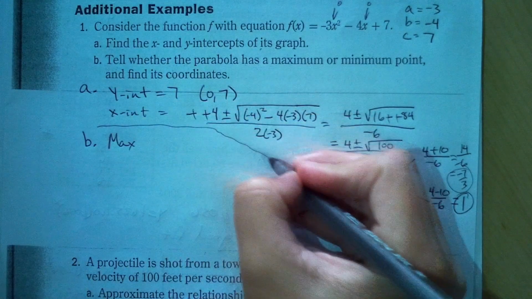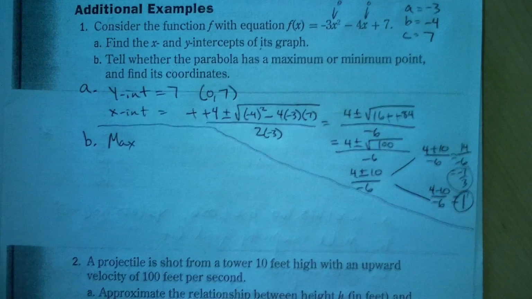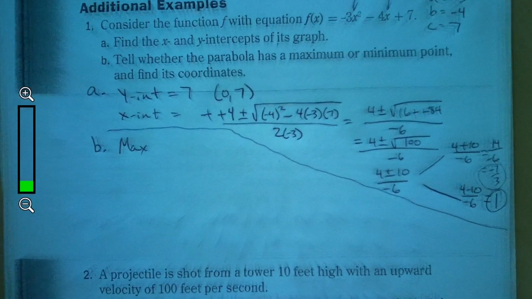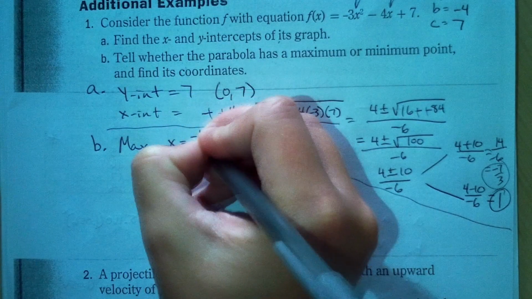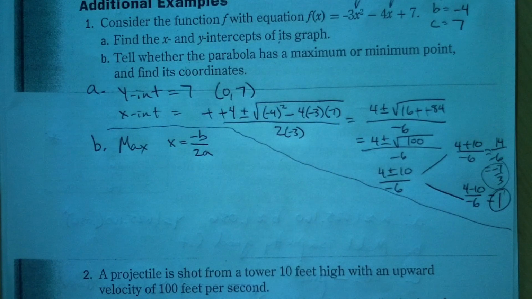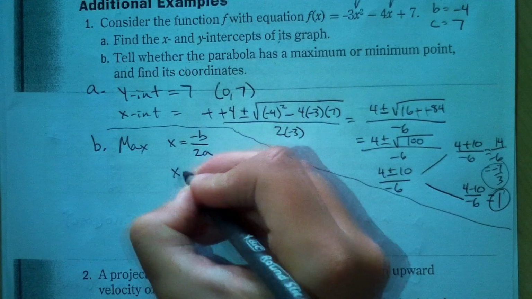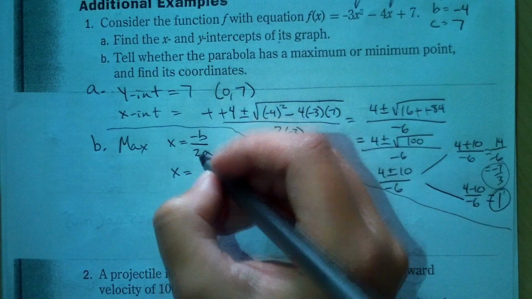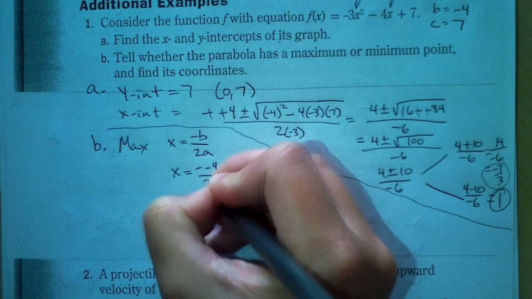And then to find the y coordinate, all you would do is take that value and plug it back into your original function. So y is equal to, or f of x, however you want to do it, -3 times (-2/3) to the power of 2, minus 4 times -2/3, plus 7. And then I'd probably just put that in my calculator and see what it comes out to be.